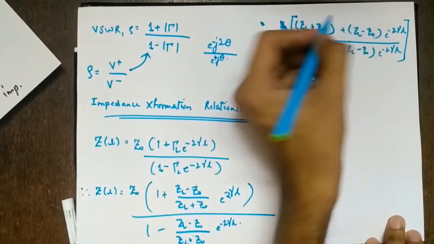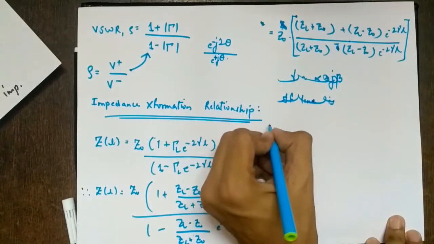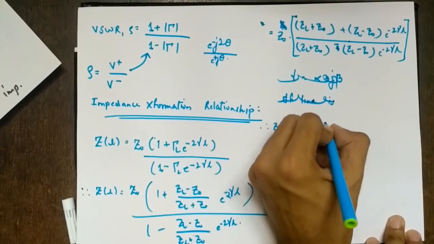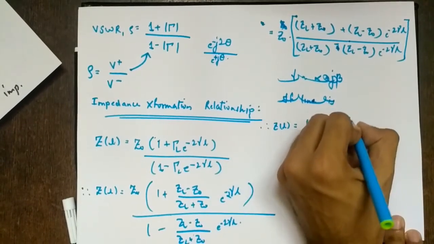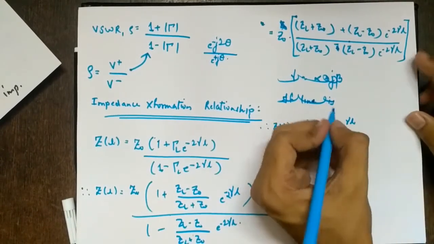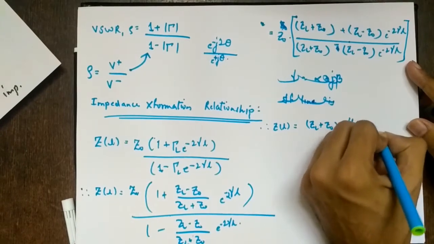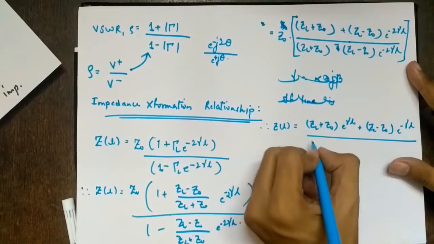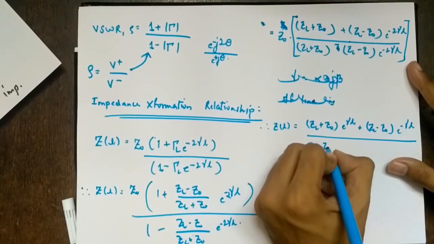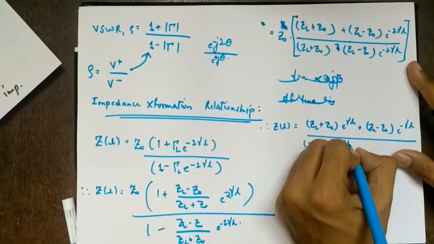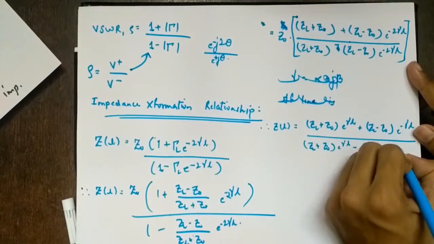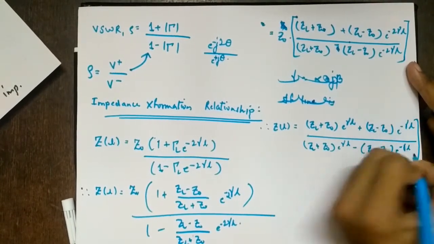So I can multiply and divide by e raised to gamma L. Therefore Z of L equal to ZL plus Z0 into e raised to gamma L plus ZL minus Z0 e raised to minus gamma L, upon ZL plus Z0 e raised to gamma L minus of ZL minus Z0 e raised to minus gamma L, right?